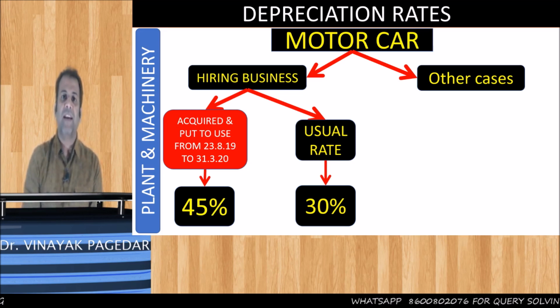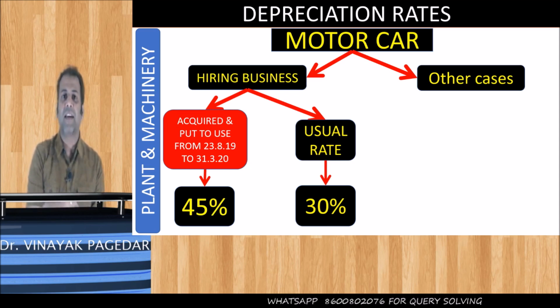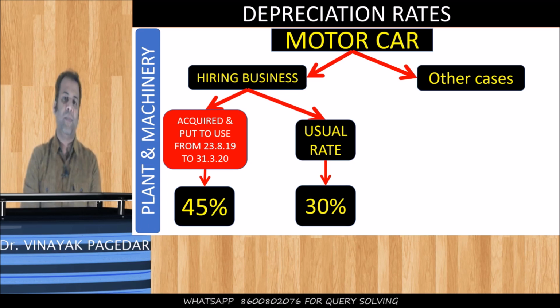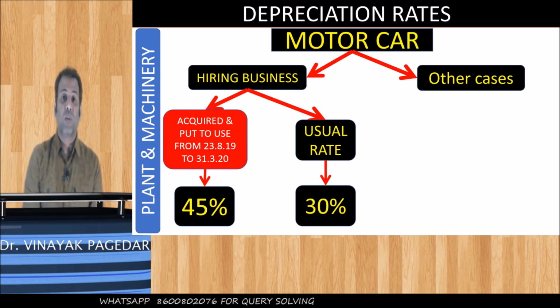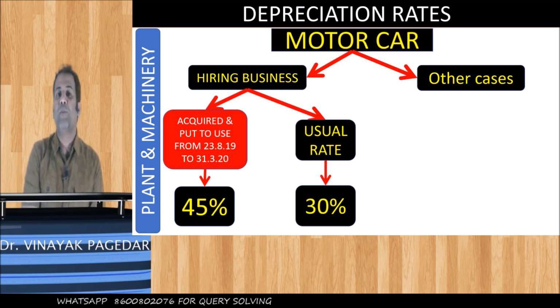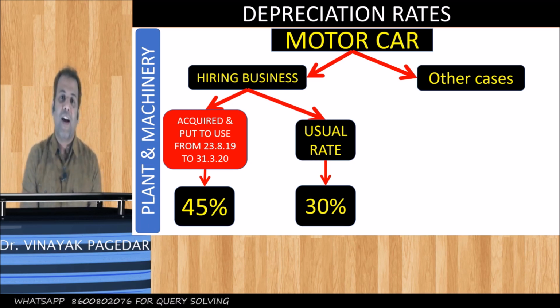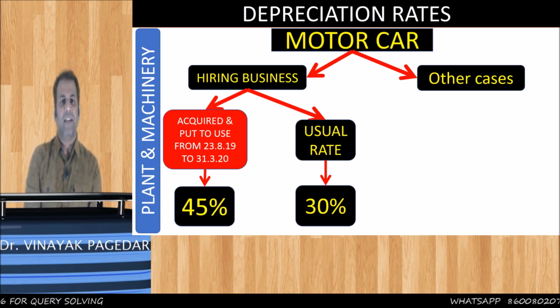The logic behind it is to encourage you to purchase a motor car and get some additional deduction by way of depreciation. I hope this is clear. So the lucky ones are those people who have purchased the motor car on or after 23rd of August 2019 up to 31st March 20.